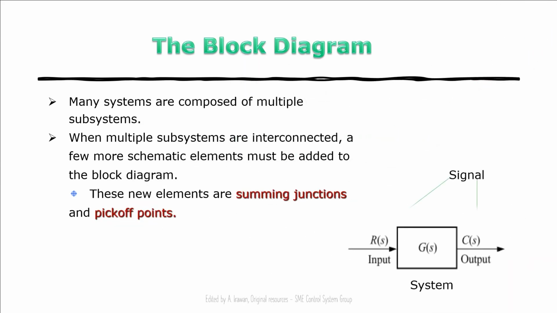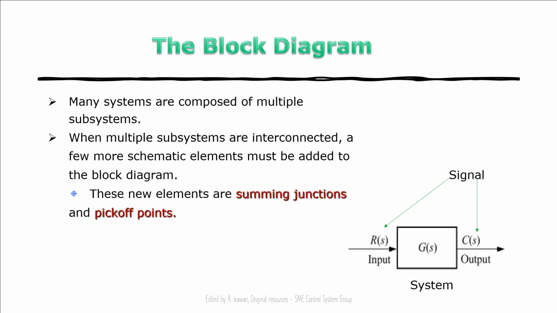In the block diagram, the important element other than blocks is the signals, the path of the signals, the vector of the signals. Which way the signals go, to or from a block or to or from other blocks, you need to identify when you simplify the block diagram.